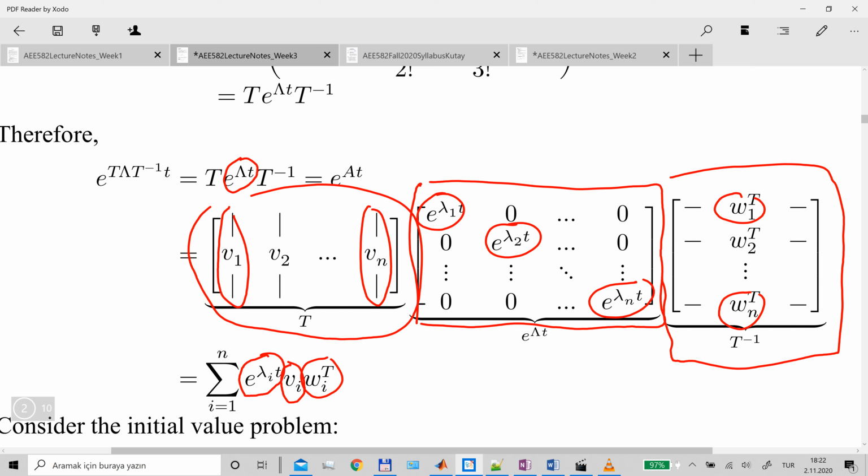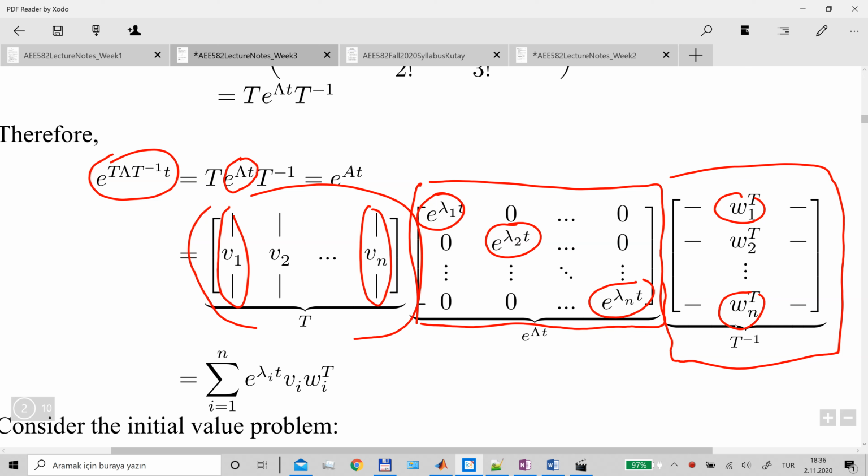The last two terms give an n by n matrix, and the first one is just a scalar exponential. When you add up all these n terms, the end result will be equal to this matrix exponential.